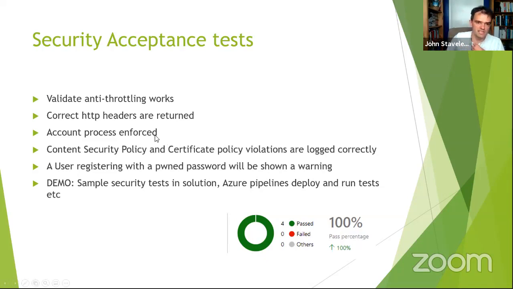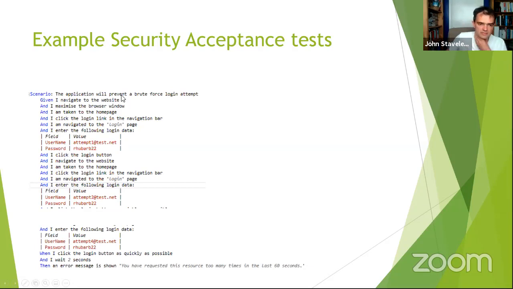The account process is enforced, so that's in the OWASP top 10 list of vulnerabilities. And if a user is registering with a pwned password, it will show a warning. Okay, so very quickly, that's what an acceptance test looks like. So this is SpecFlow, and it's running Selenium to interact with the website.